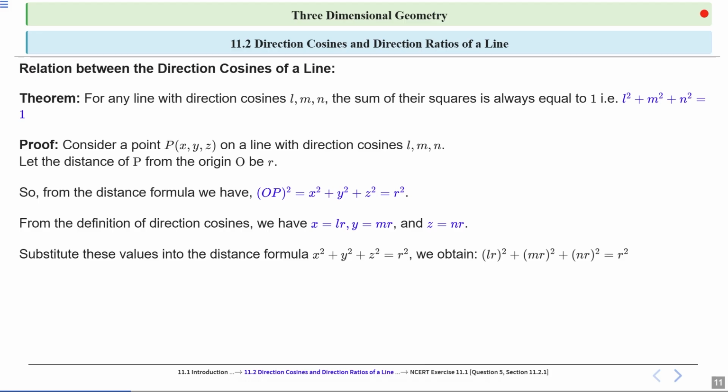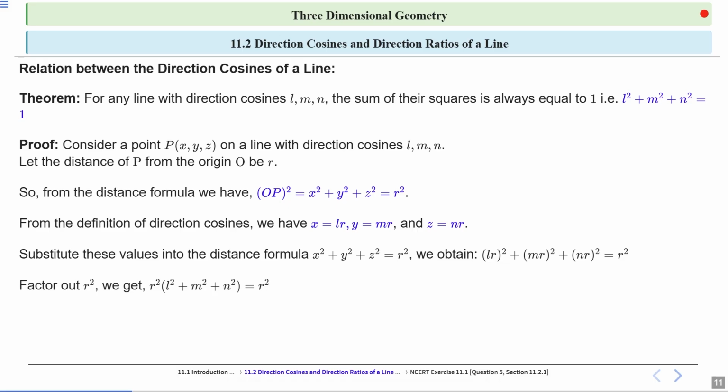Let's substitute these expressions for x, y and z into our distance formula. So we get (L times r) whole squared plus (m times r) whole squared plus (n times r) whole squared equals r squared.